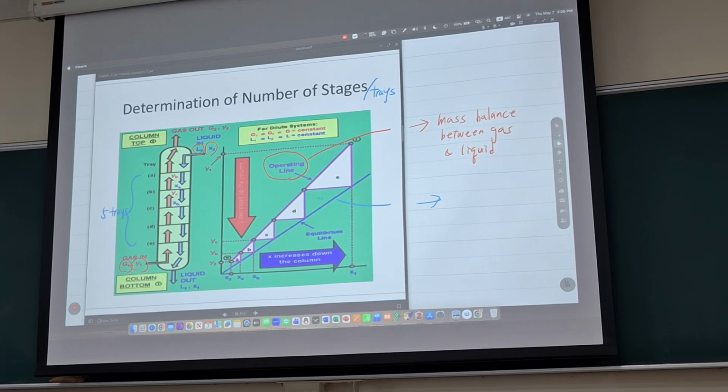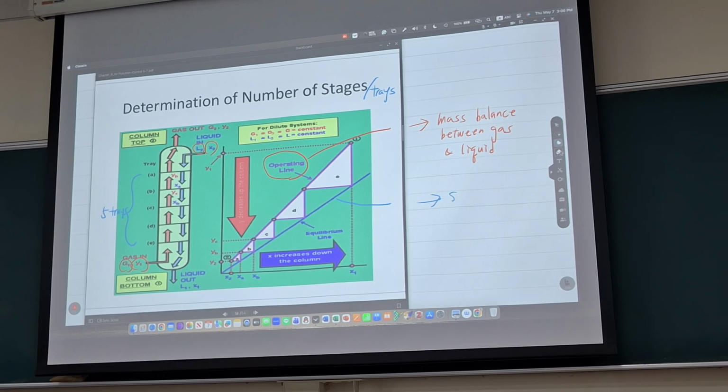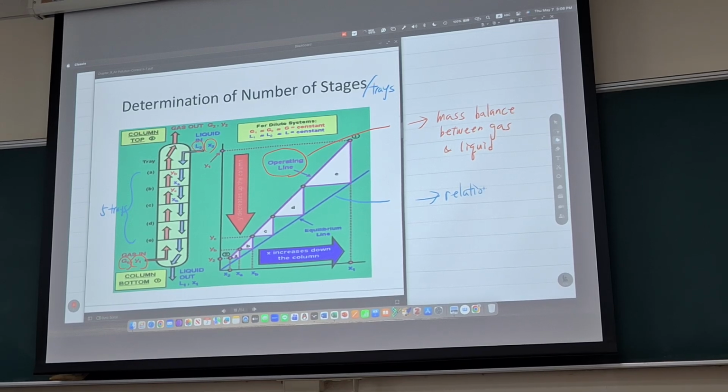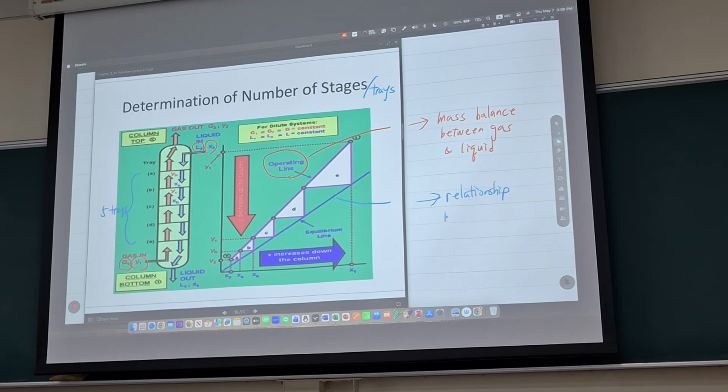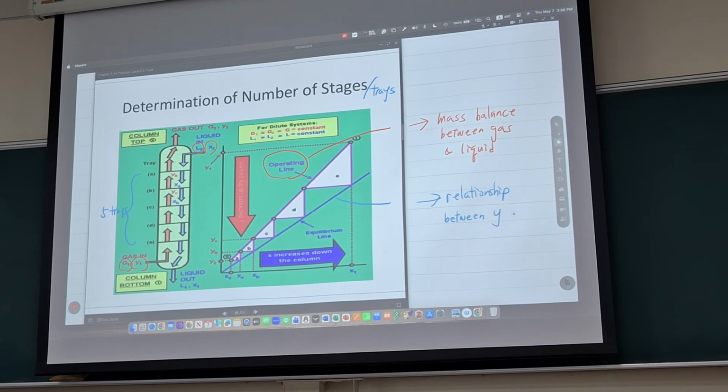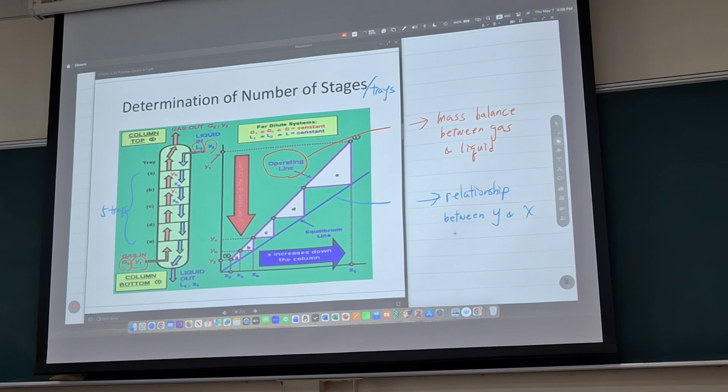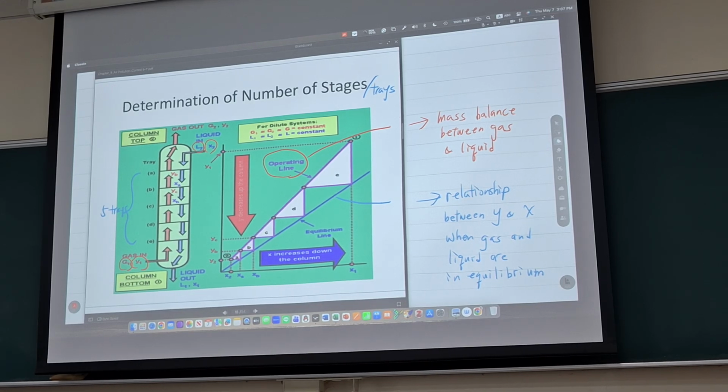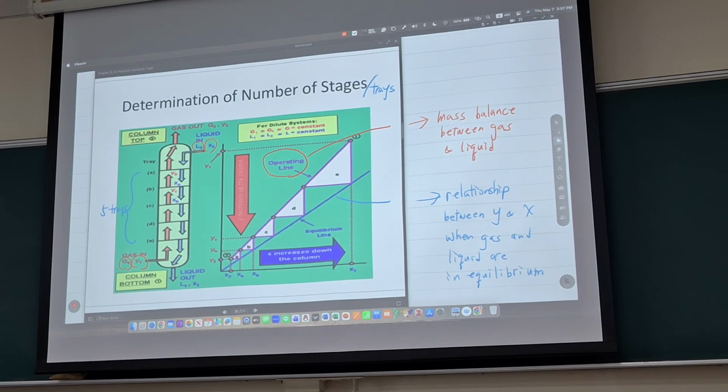So this equilibrium line shows the relationship between y and x when gas and liquid are in equilibrium.